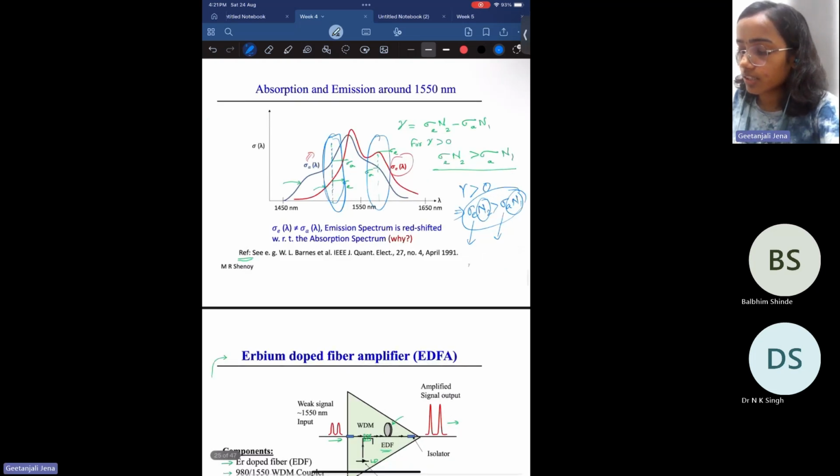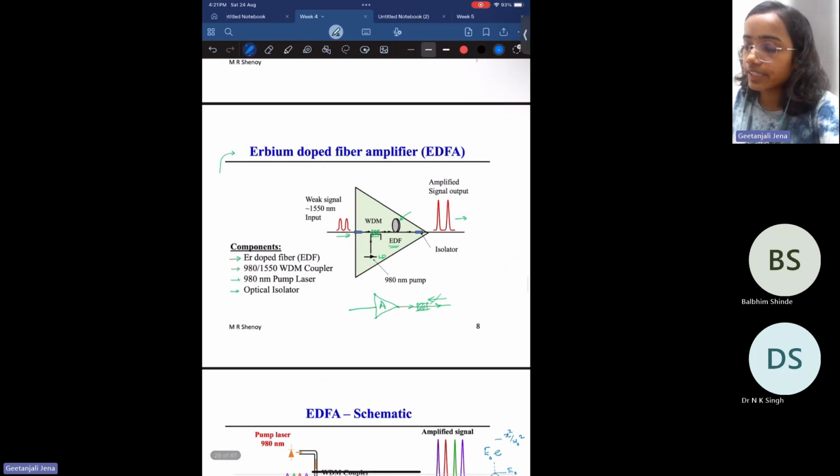And if you see the schematic of the EDFA, it has these components: a fiber which is used as a gain medium, and it is doped with erbium ion, Er3+. So there is a fiber which is the EDFA, and there is a pump that is used to amplify the signal.